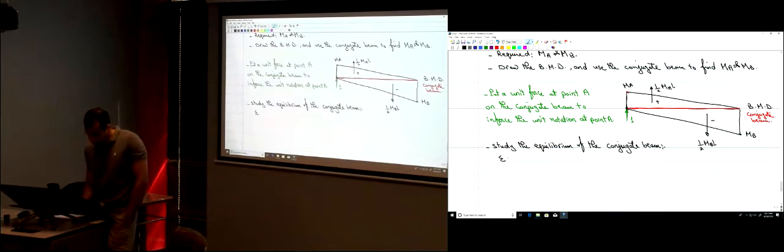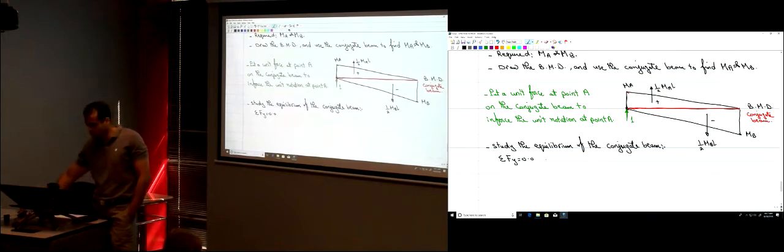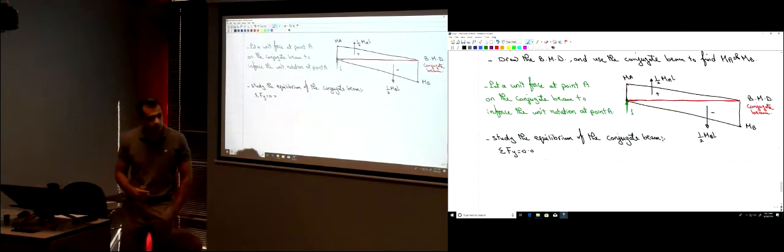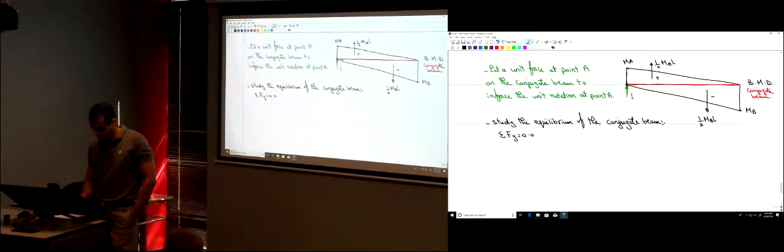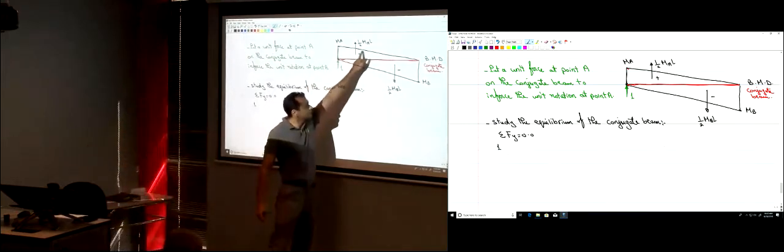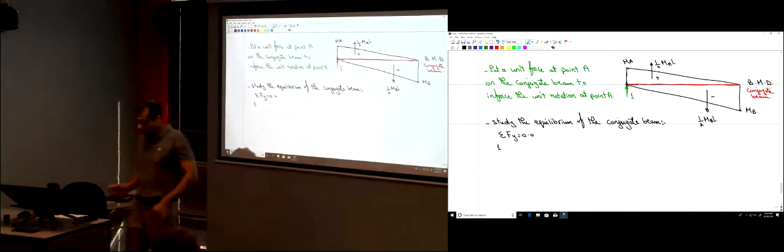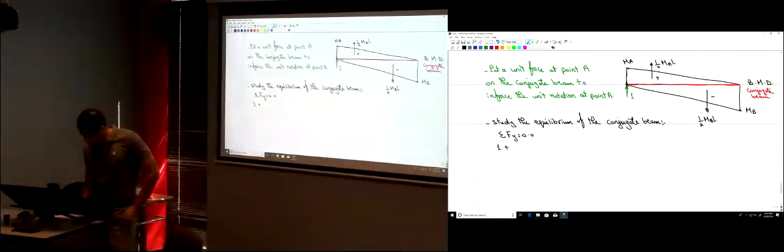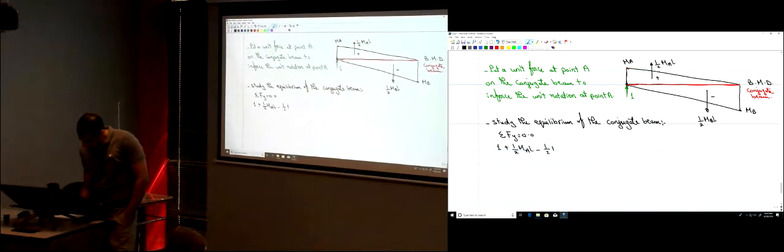The first equation that I'm going to apply, the summation of the forces in the y direction is equal to 0. What are the forces in the y direction? I have 1. I have this force minus this force. So 1 plus 1/2 MA L minus 1/2 MB L equals 0.